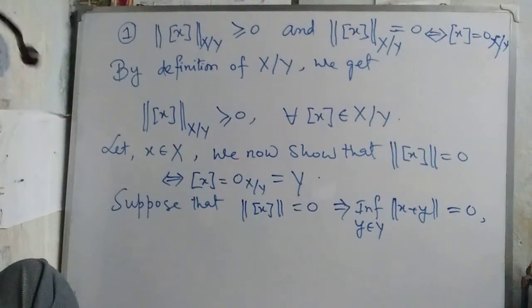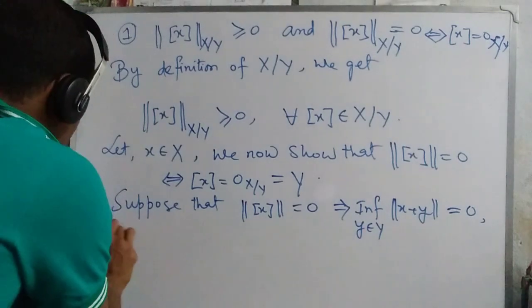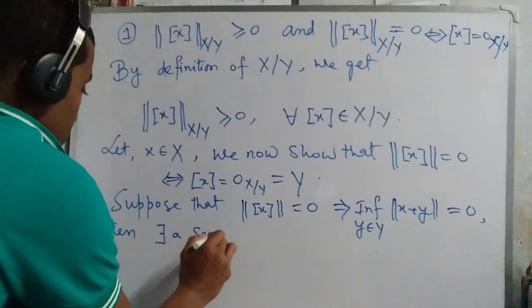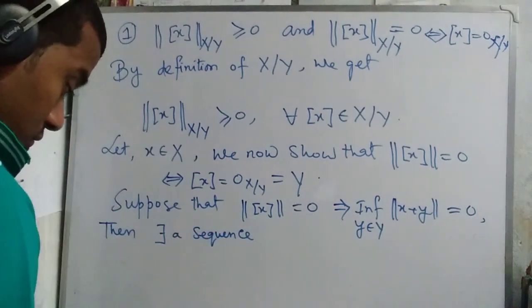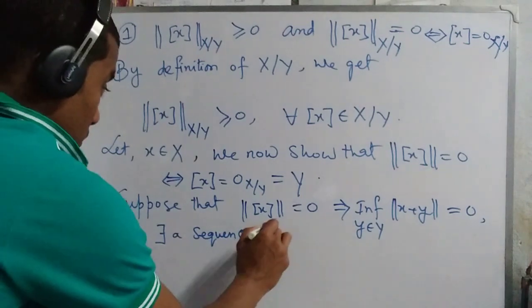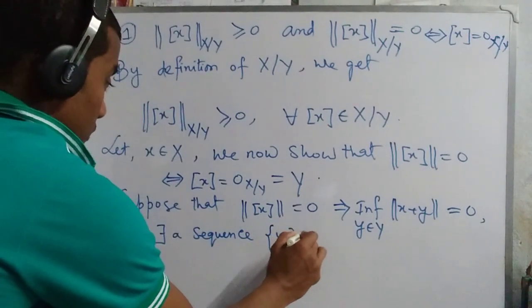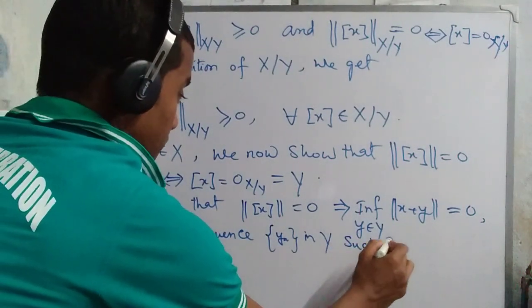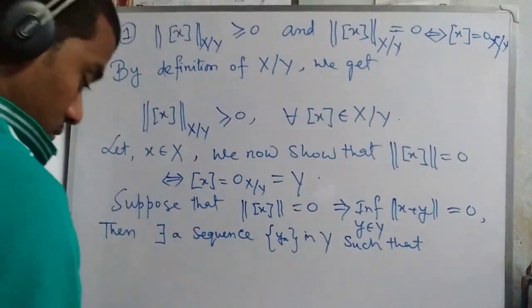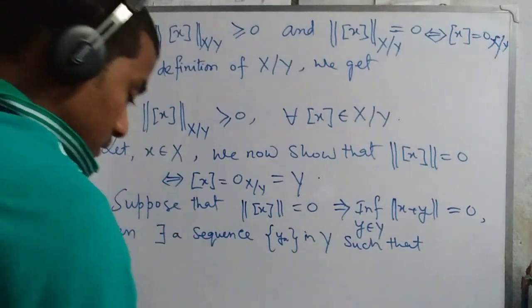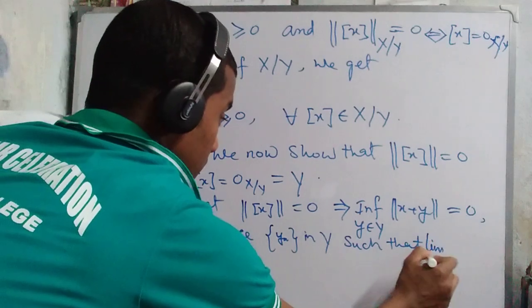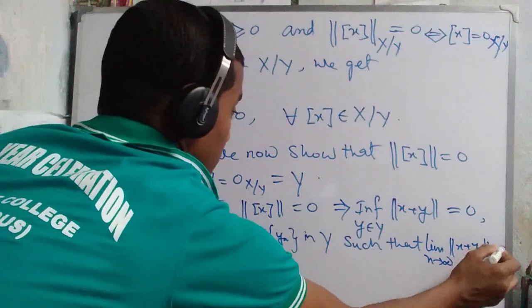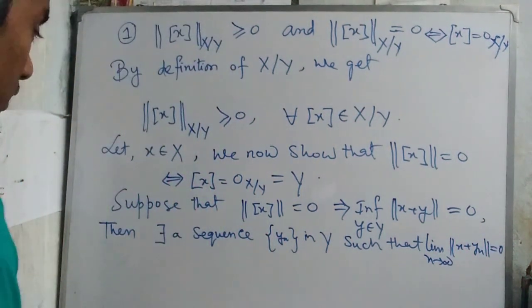Then this implies there exists a sequence y_n in Y such that limit as n tends to infinity of norm of x + y_n equals 0.